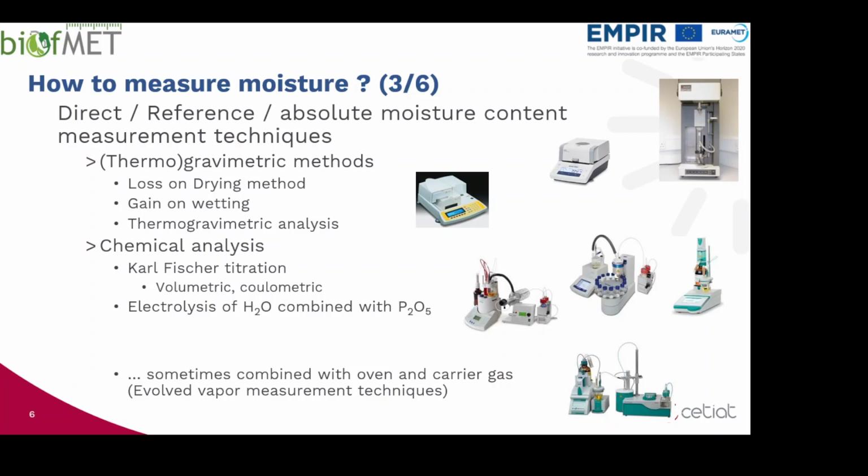Electrolysis of water combined with phosphorus pentoxide is another chemical analysis technique used to determine the water content of a sample. Evolved water measurement techniques involve using an oven and carrier gas to evaporate and collect the moisture from a sample. This technique is often combined with chemical analysis.